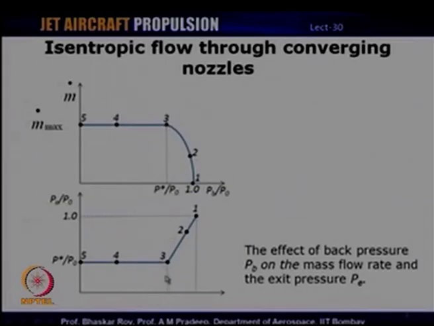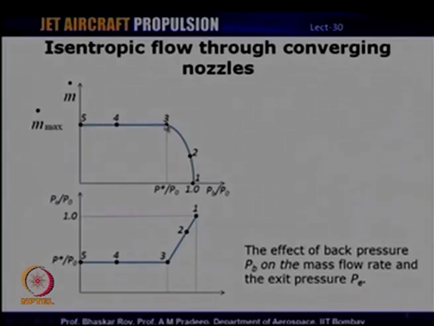If you look at the corresponding pressure ratio plot here, we start from here where P by P naught is equal to 1, and as that ratio continuously decreases, we reach here, which is P star by P naught. Any further reduction does not change the mass flow rate, and it does not change the pressure ratio as well. P star by P naught remains the same. Mass flow rate has reached its maximum value.